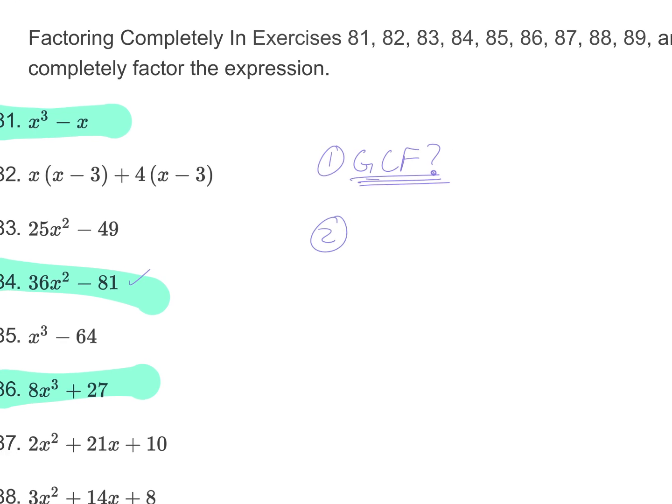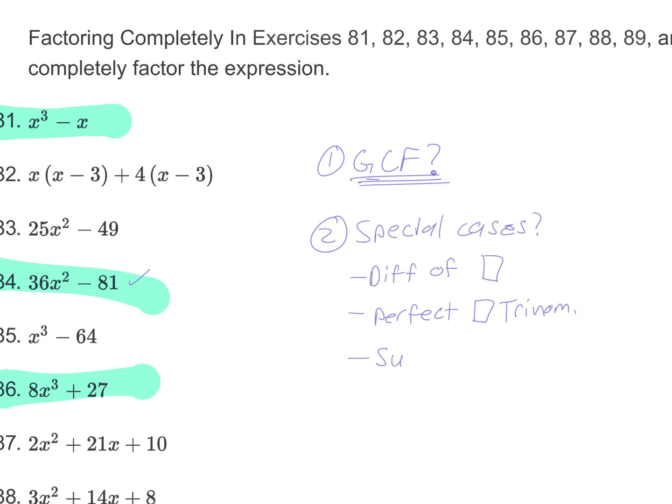After a GCF, you should check for special cases. Are there special cases? That was our difference of squares, our perfect square trinomials, and our sum and difference of cubes.